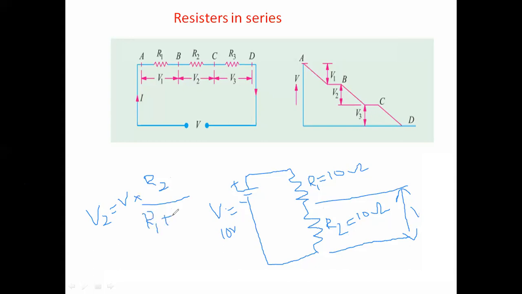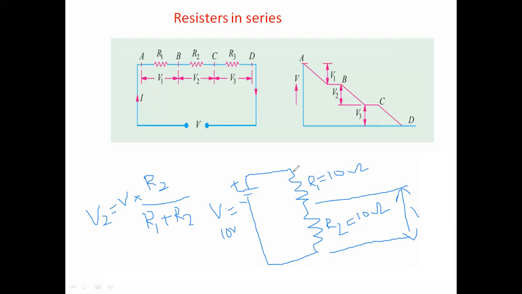Suppose we have two resistors R1 and R2 and we apply a voltage of 10 volts. To find the voltage drop across R2, V2 is equal to the applied voltage V times R2 by the total resistance R1 plus R2.